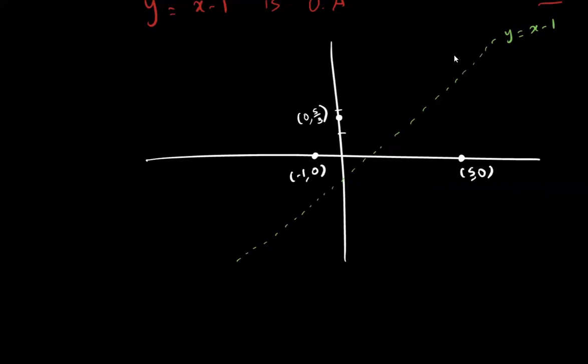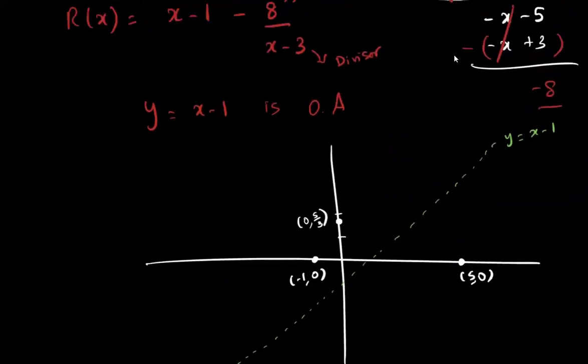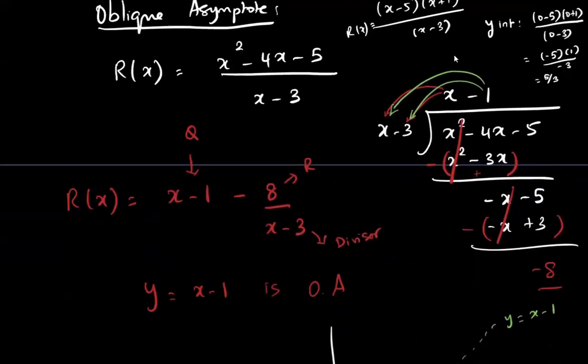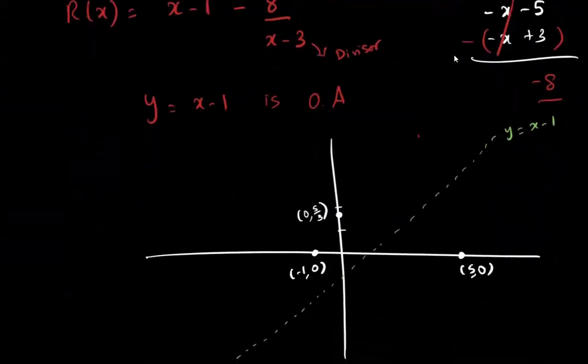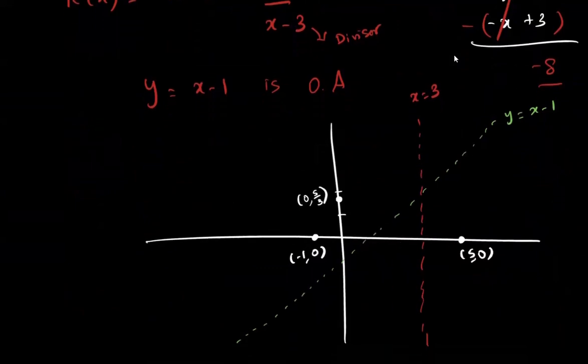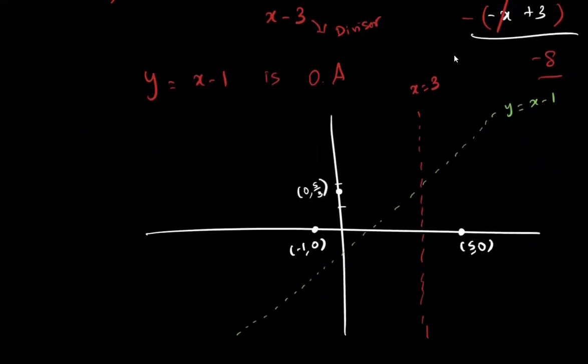So I need a graph, and let me also draw the vertical asymptote. The vertical asymptote is at x equals 3, right? So that is somewhere here. Where is my oblique asymptote? I have already drawn it. Okay, so the oblique is there, the x-intercepts are here, the y-intercept is here. Now we need a graph that is going to show this behavior.